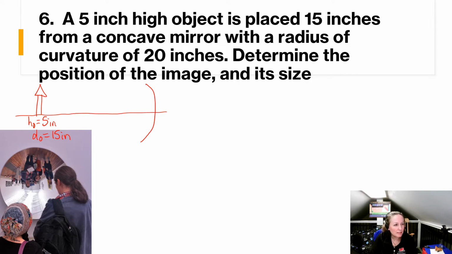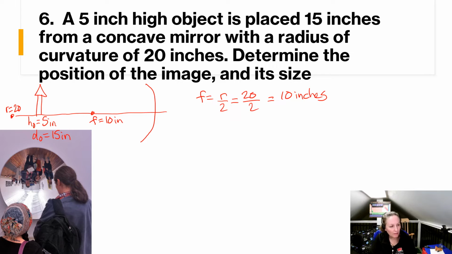And what else does it say? It says the radius of curvature is 20 inches. So the focal length is going to equal the radius of curvature over 2, which is 20 divided by 2, which is 10 inches. So we have a focal point at 10 inches.